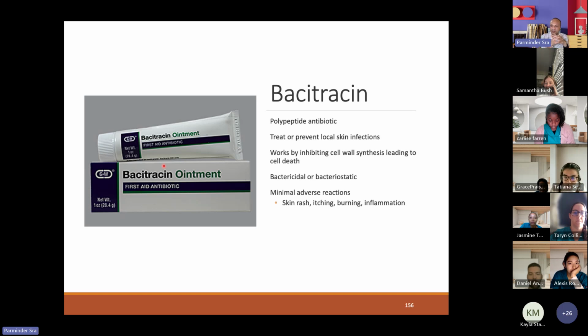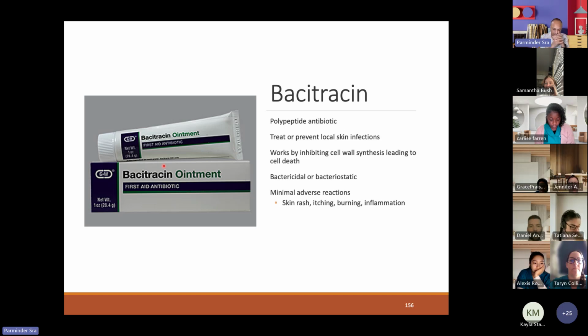As far as the mechanism of action, it inhibits bacterial cell wall synthesis. And as far as adverse effects, not only for this but for the majority of these topical products, the adverse effects are minimal and localized to the site of application.